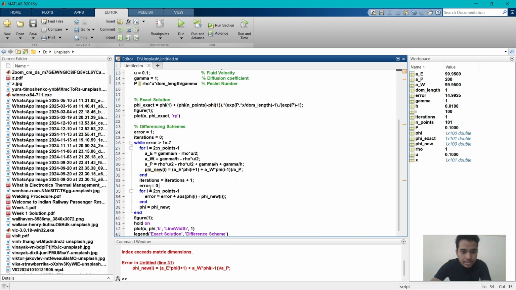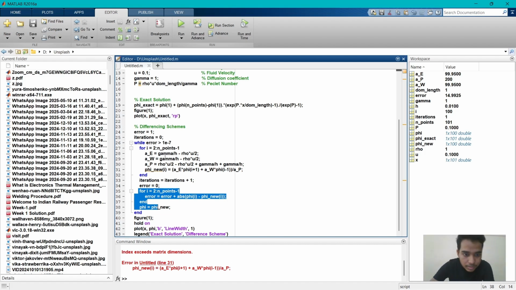Again the error is set to 0 to calculate the error value, so that the result comes out accurate. For that I am using error equals error plus the absolute error, that is phi I minus phi nu, where error is the cumulative error. Phi nu is already calculated as the discretized form, and also the loop ends here.